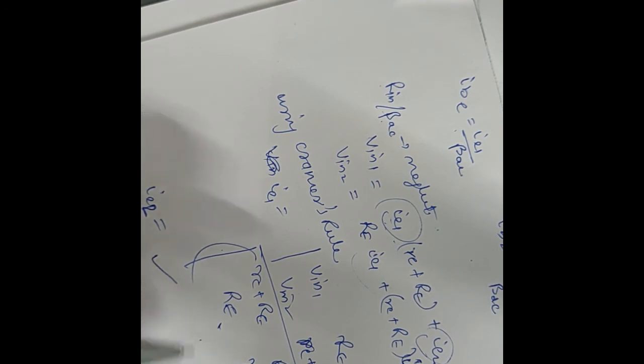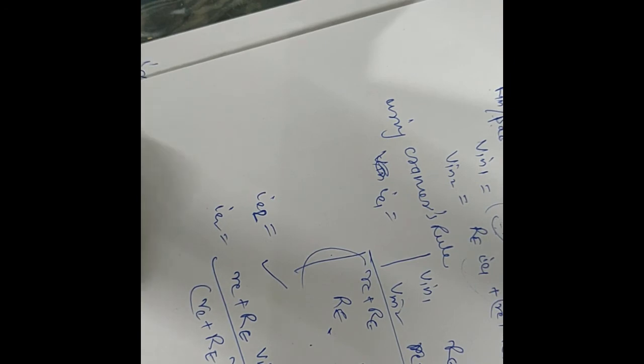After getting IE1 and IE2, you will have the value equal to Re times Vin1 upon (re plus Re) squared minus Re squared.